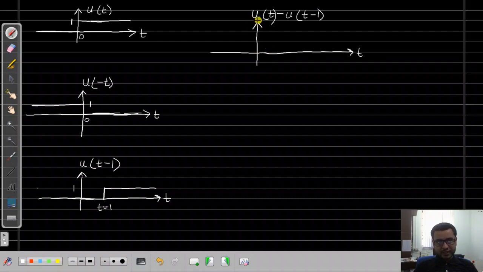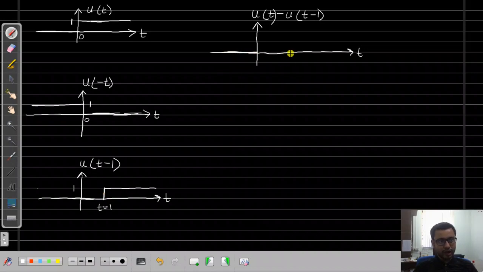To draw this signal, you have to subtract u(t minus 1) from u(t). Now if you subtract this and this signal, then the difference will be 0 in this part.